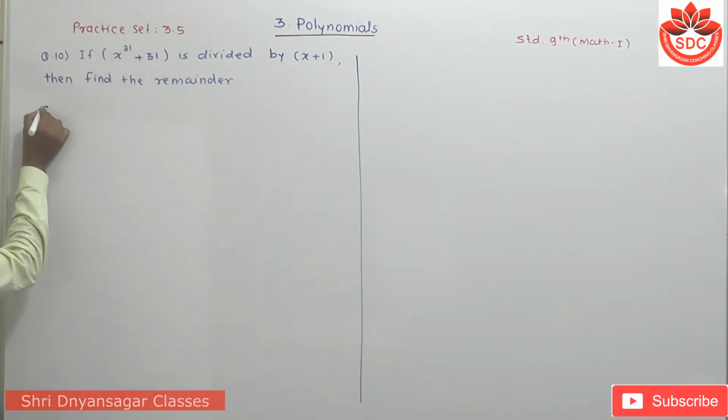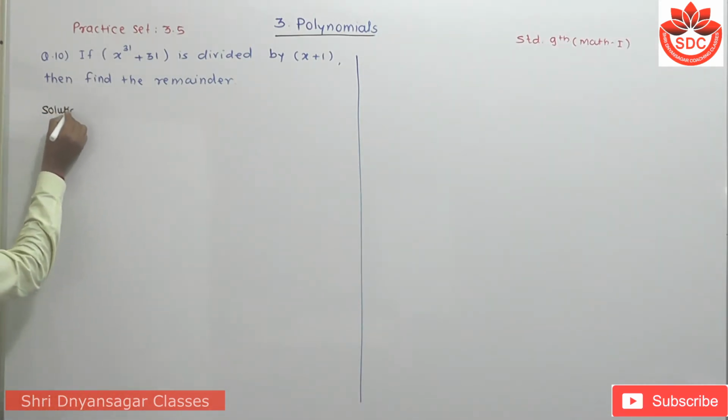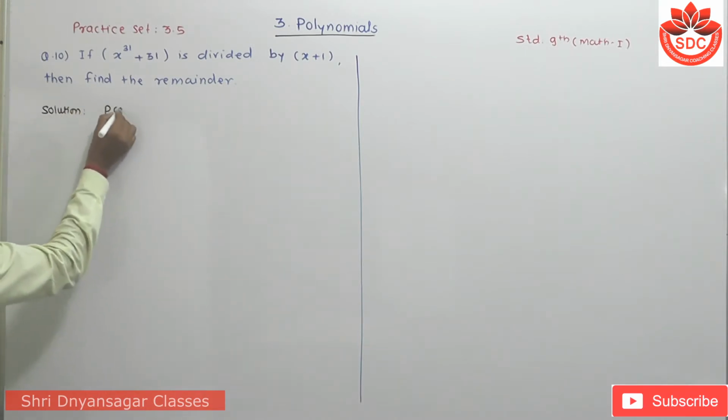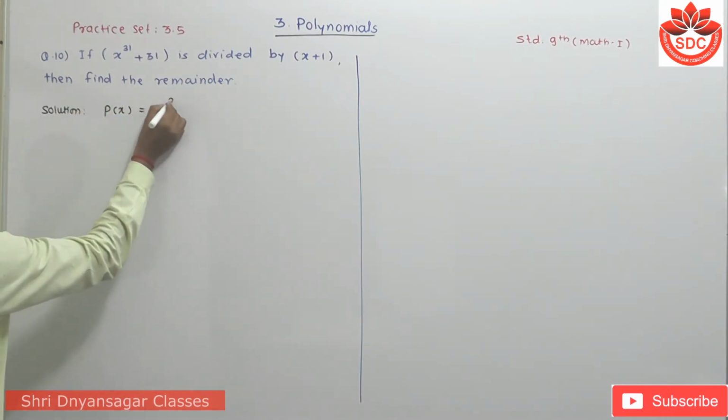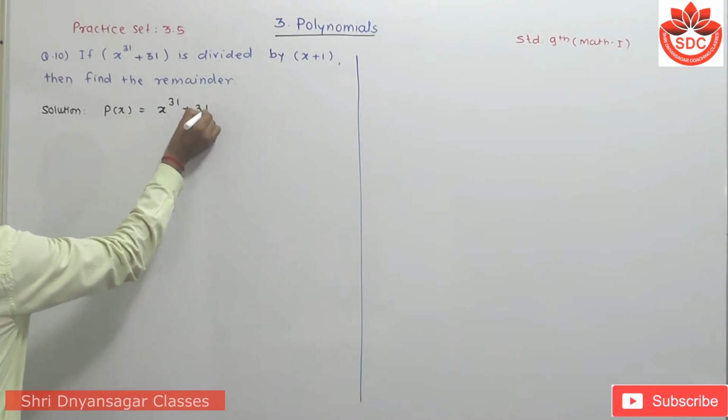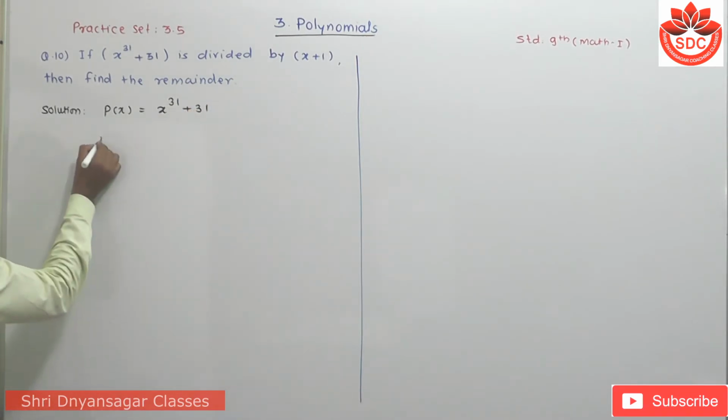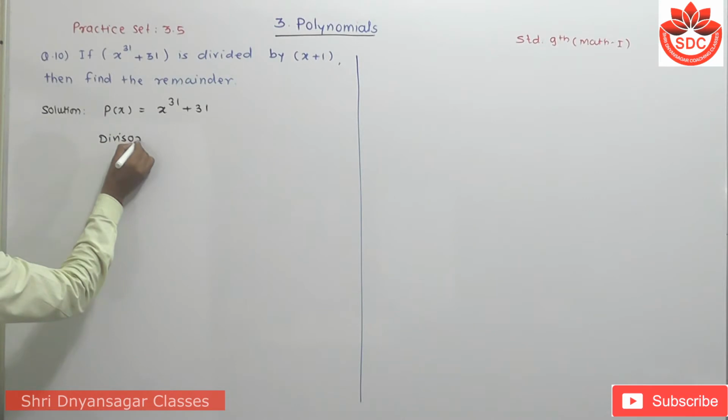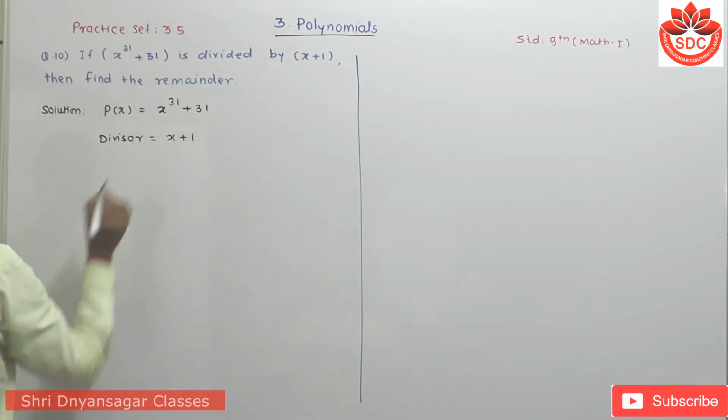So its solution is: the given polynomial is p of x equals x raised to 31 plus 30. The divisor is x plus 1.